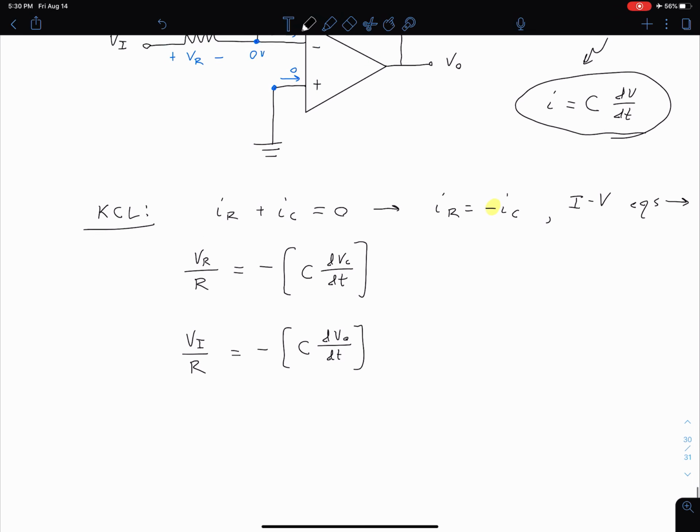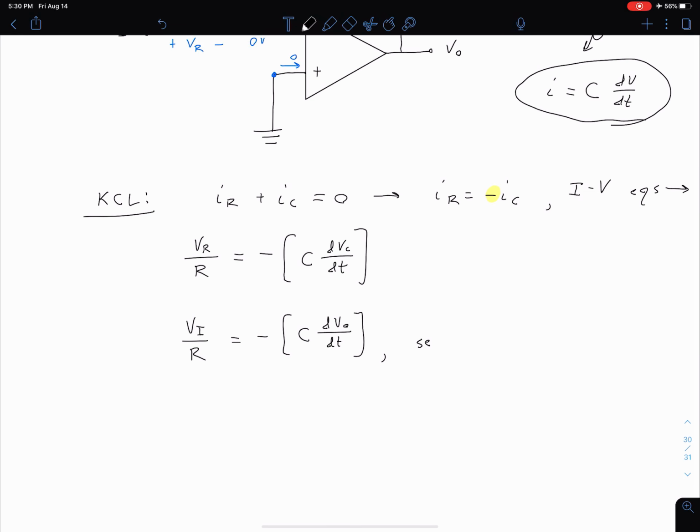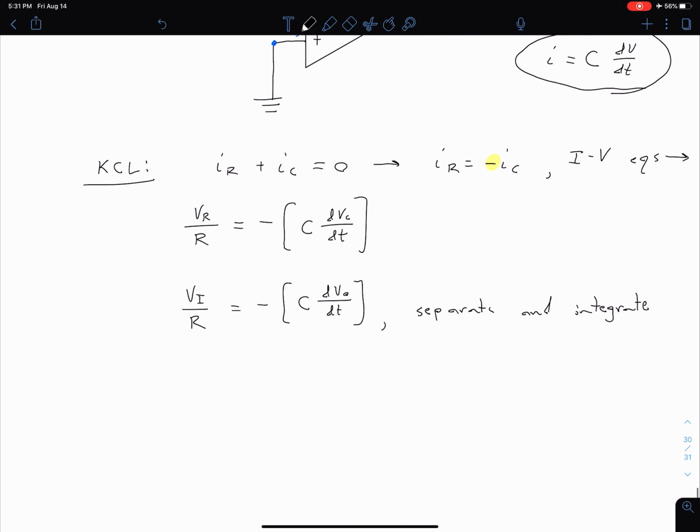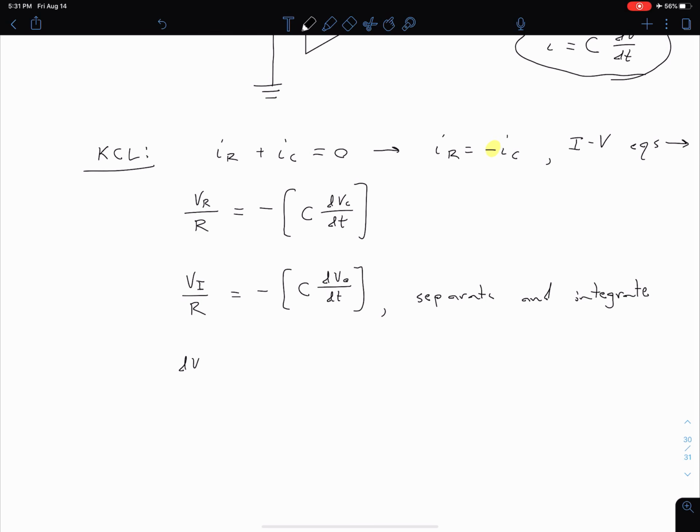At this point, what we're going to want to do is separate and integrate. What we get is dV out on one side, and negative 1 over RC times VI dt.